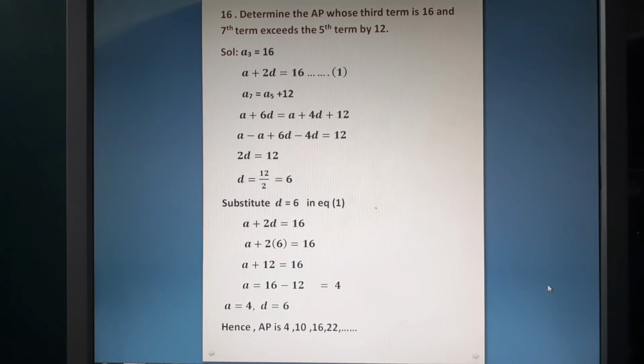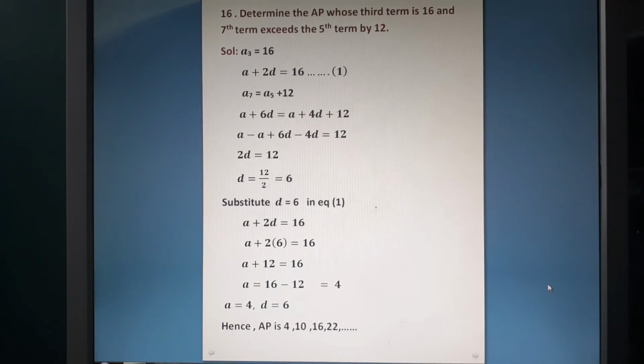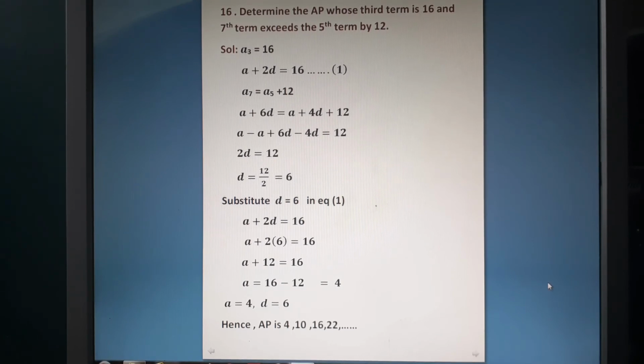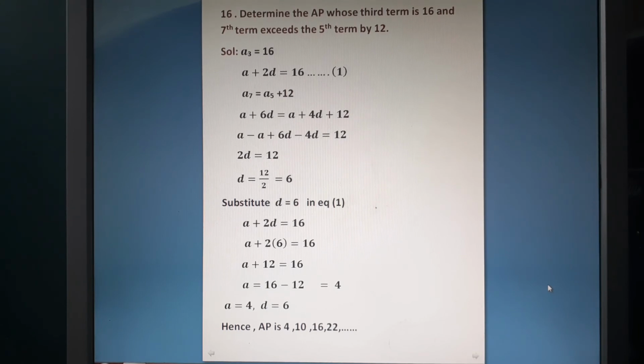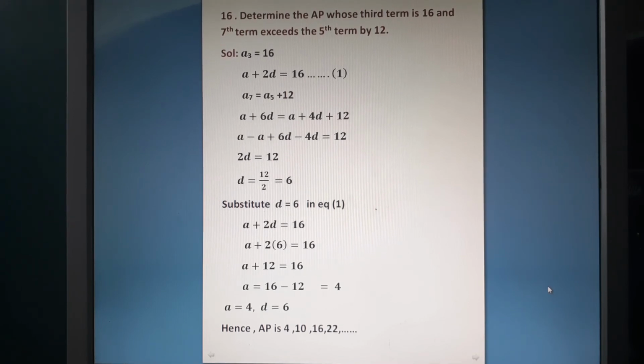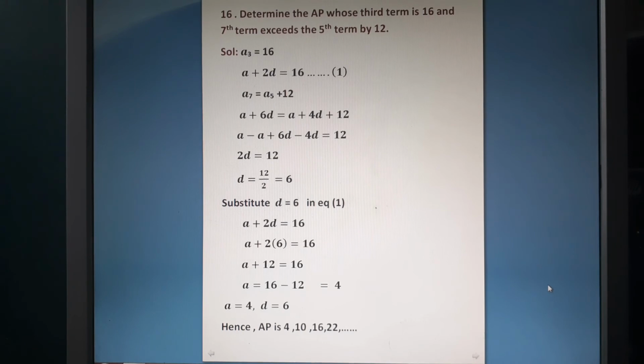Substitute D equal to 6 in equation number 1. We get A plus 2 into 6 is equal to 16. That is A plus 12 is equal to 16. A is equal to 16 minus 12, that is equal to 4. Here A is equal to 4 and D is equal to 6.